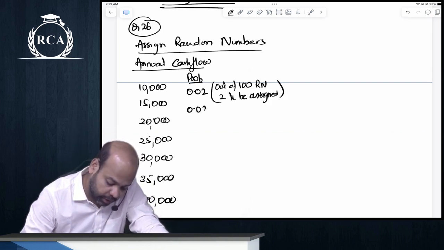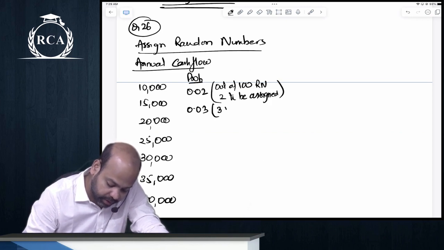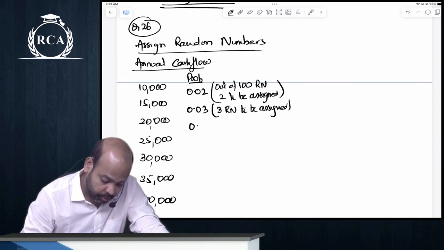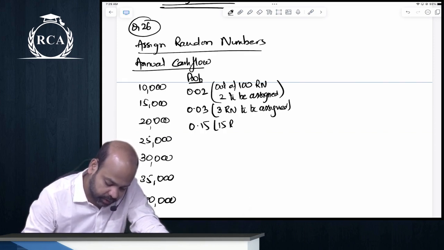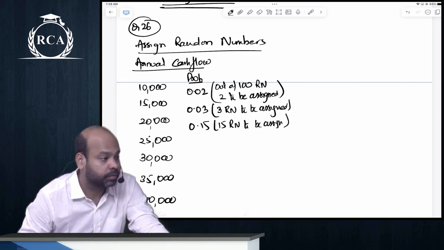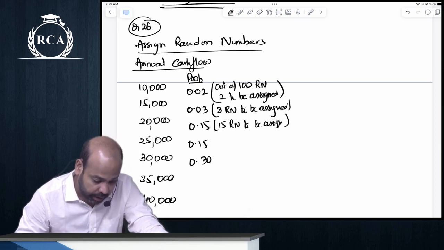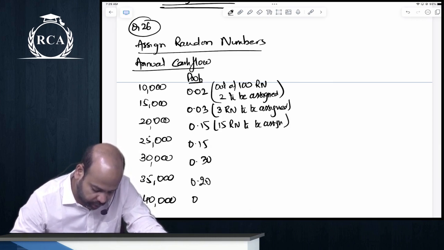Similarly guys, 0.03 मतलब how many random numbers to be assigned? 3 random numbers to be assigned because the probability is 0.03. 0.15 मतलब कितने random numbers? 15. You do not have to write till the end. अभी याद रहेगा बेटा, after 1 year, 2 years, you will not remember it.